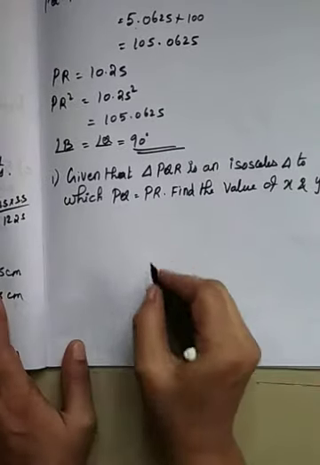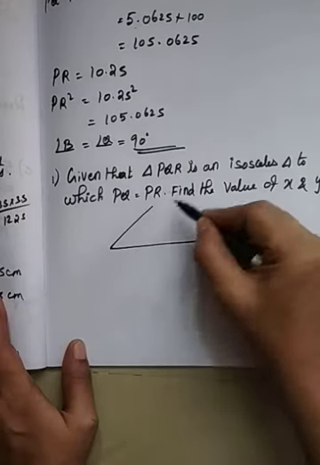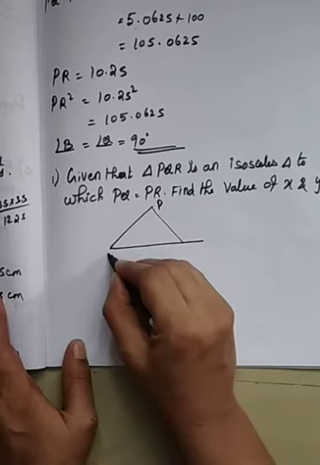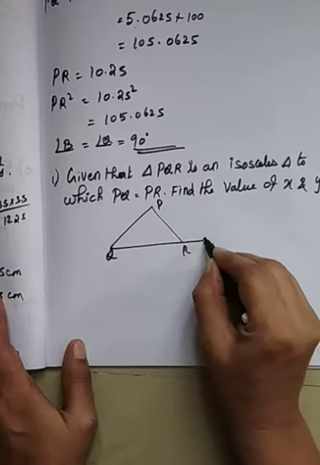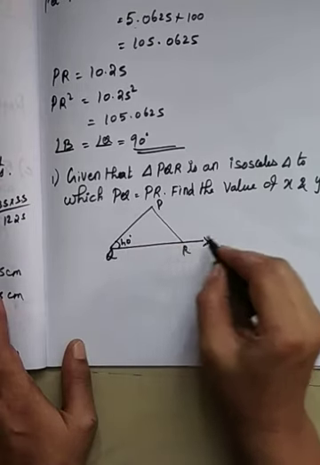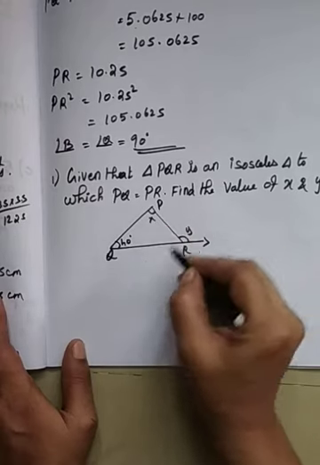See the diagram. P, Q, R. This is 40 degrees. This one is y. Here x.